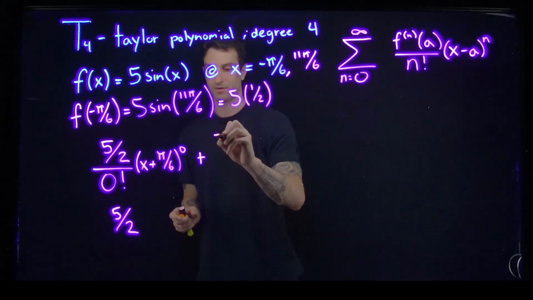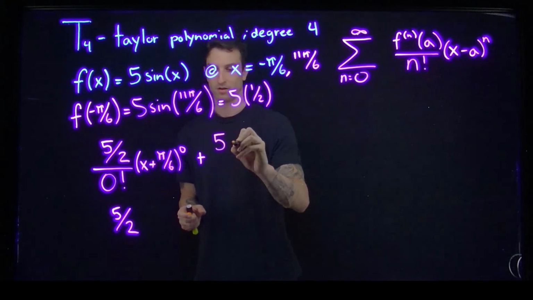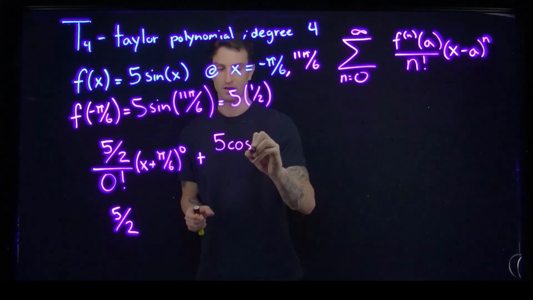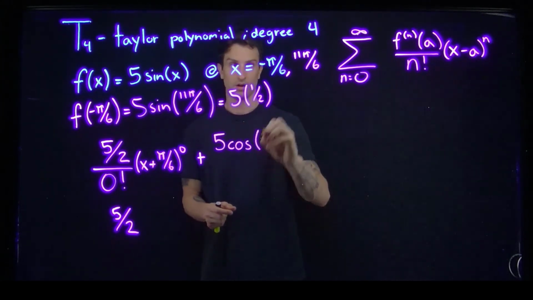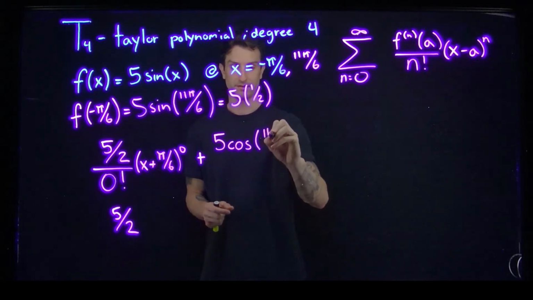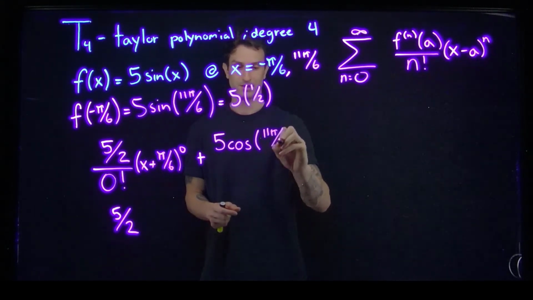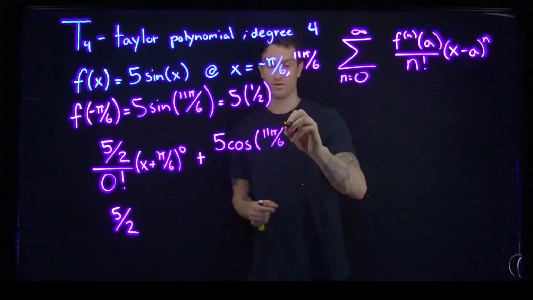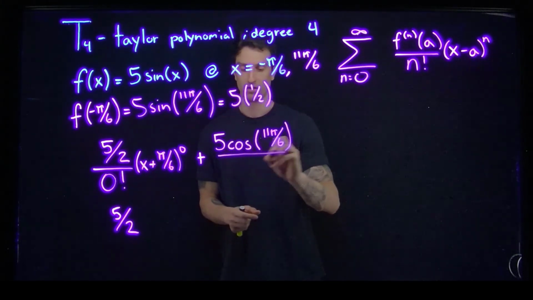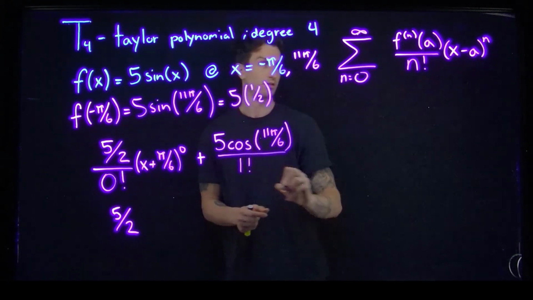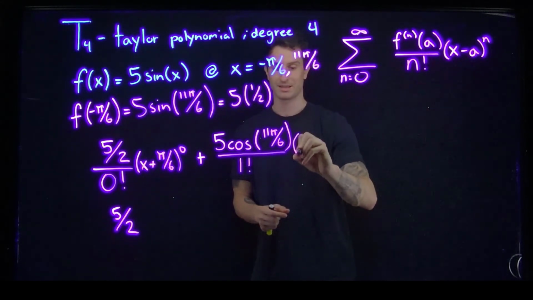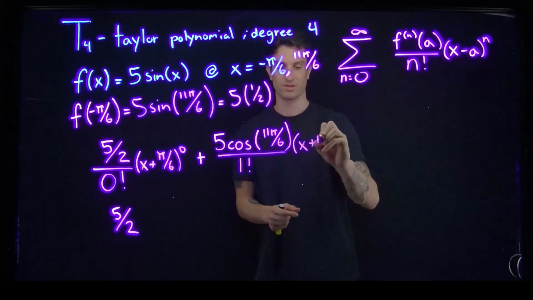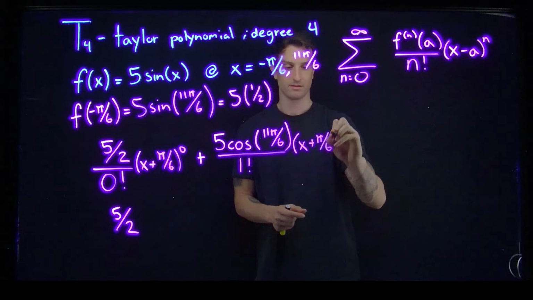So we have 5 cosine of 11 pi over 6. That's our derivative, the first derivative, over 1 factorial, and now it's x plus pi over 6 to the first.